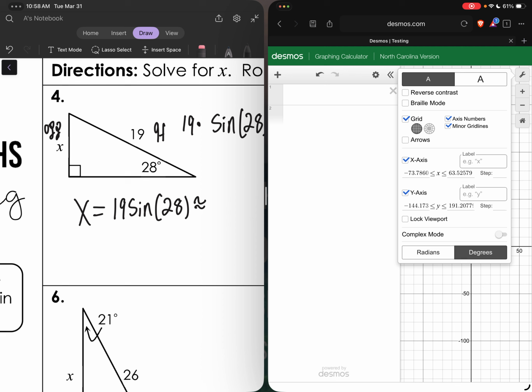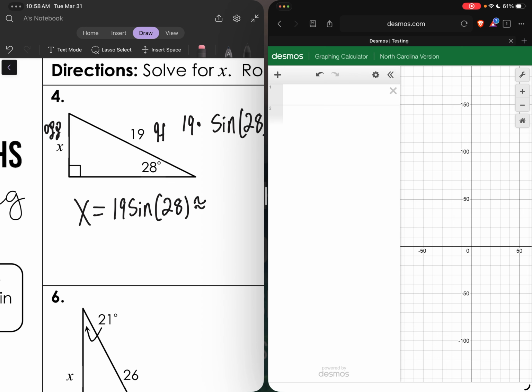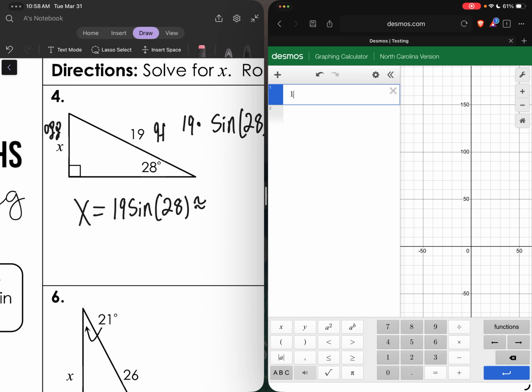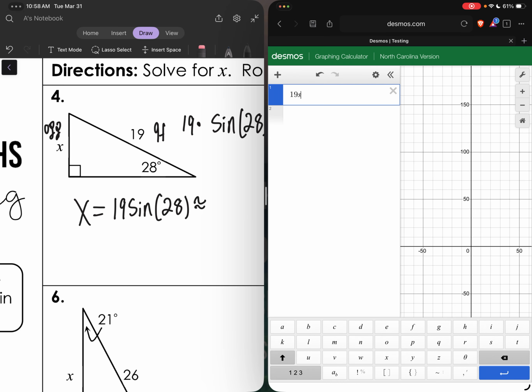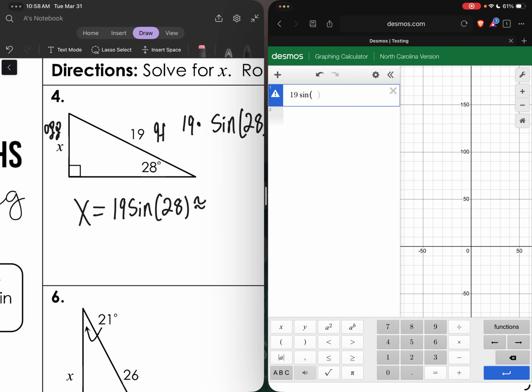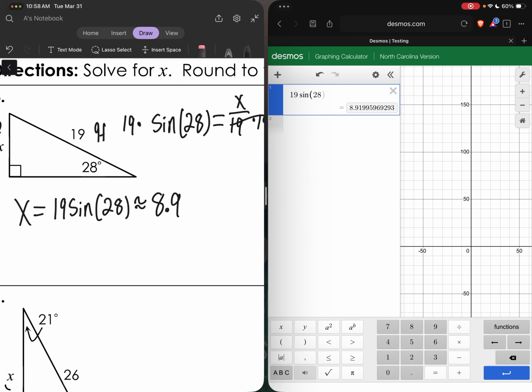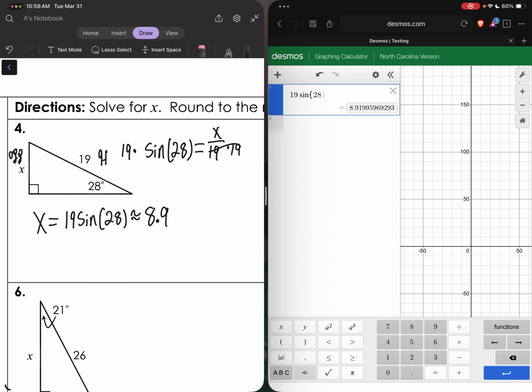Click the wrench, make sure where it says radian degrees that degree is the one that is highlighted. 19 for sine. You can go into functions if you want, but it's easier to type in sin. Sine of 28. This is approximately 8.9, round to nearest tenth, 8.9 units. Done.